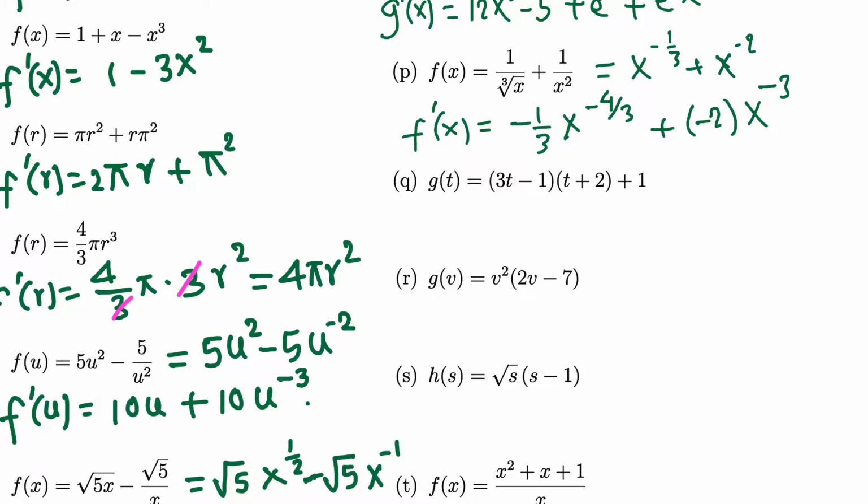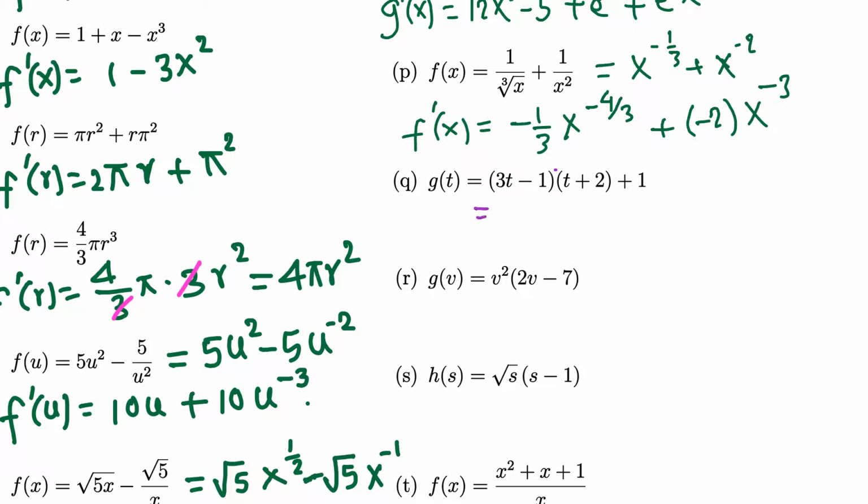In Q, we got a product here, and we don't have the product rule yet, so I'm going to multiply. Simplify means just FOIL and add 1, then we can take the derivative. Okay, let's FOIL this.